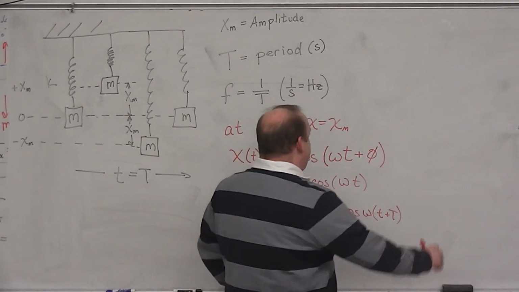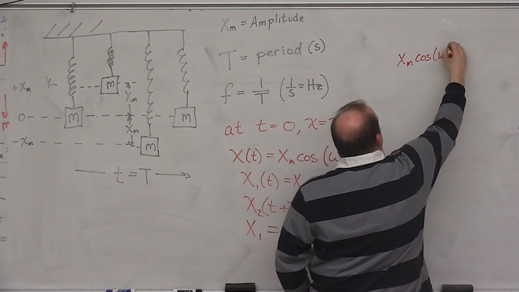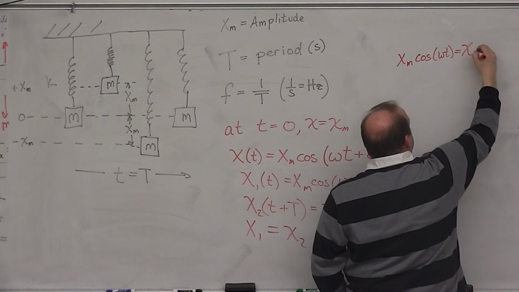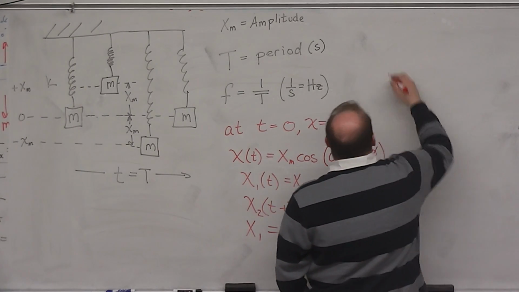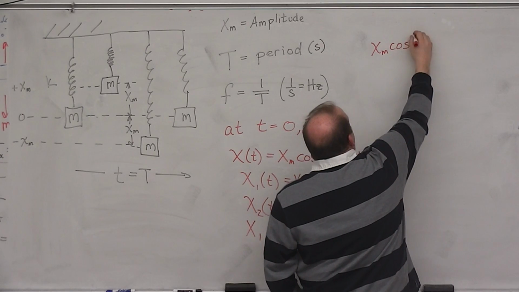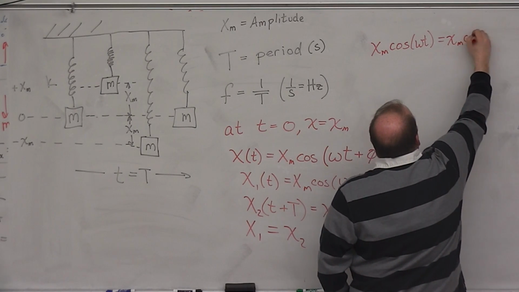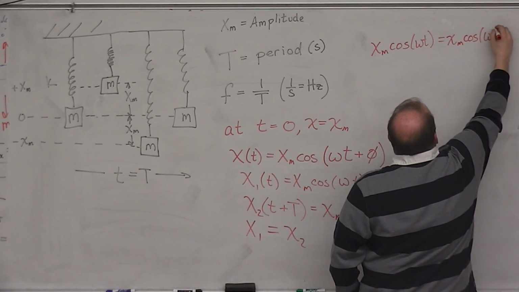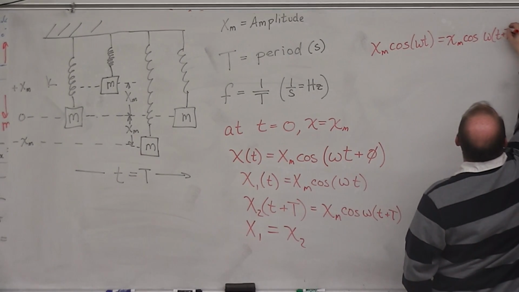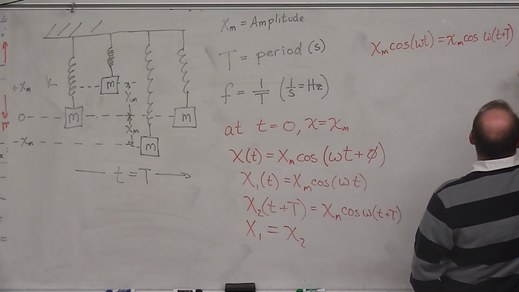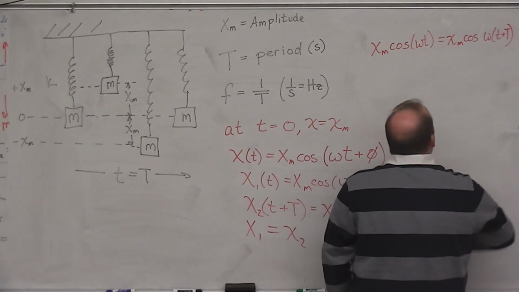So what this is saying is that x_m cosine of omega t has to equal x_m cosine of omega, I can just pull that out, times (t plus T).